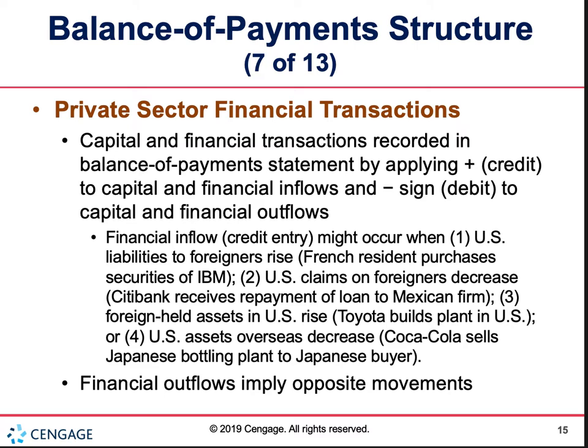Again, they're holding some of this debt. Another one would be, let's just say a bank receives a repayment on a loan it made to a company in a different country. That's an example. And then also, let's say for example, Toyota builds an auto assembly plant in the United States. That's another example. This would be a capital inflow.